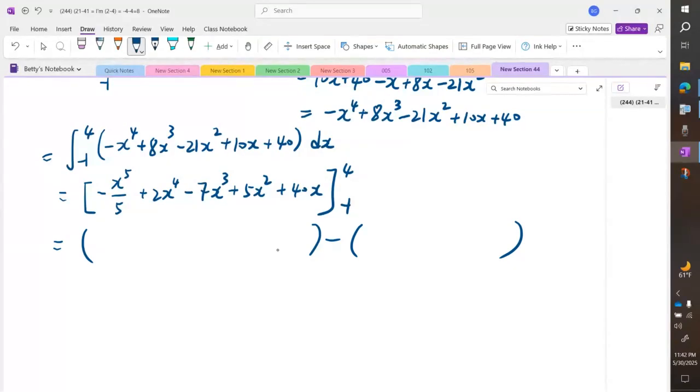In the first parenthesis, plug in 4. In the second parenthesis, plug in -1.